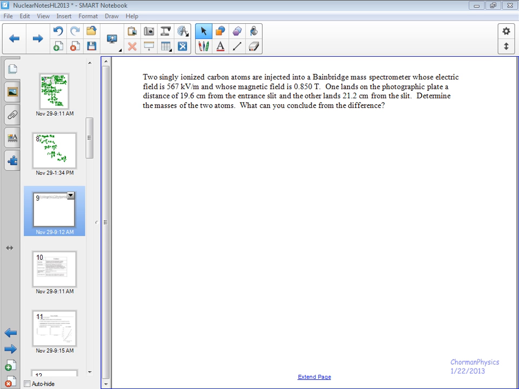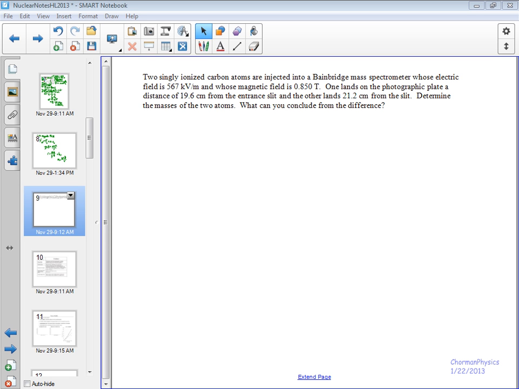You've been asked to determine the mass of each of these two atoms. The question then goes on to say, what can you conclude from this difference? And the conclusion, down at the bottom, is that we have different mass values there. But anyways, let's get into this and talk about how we get to that conclusion.